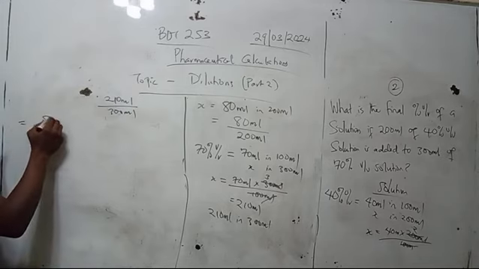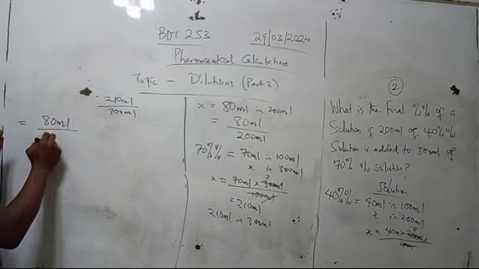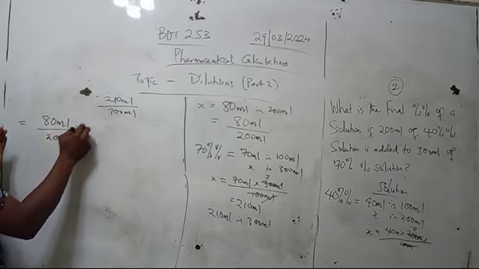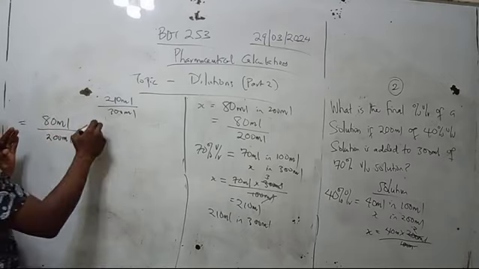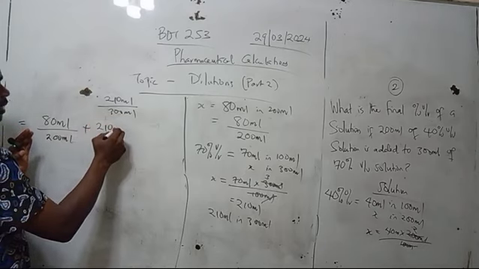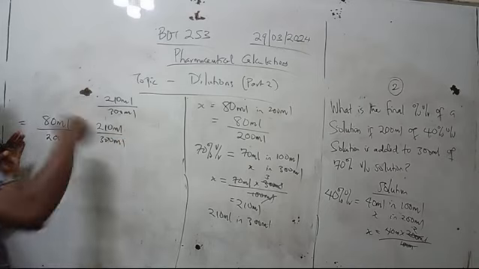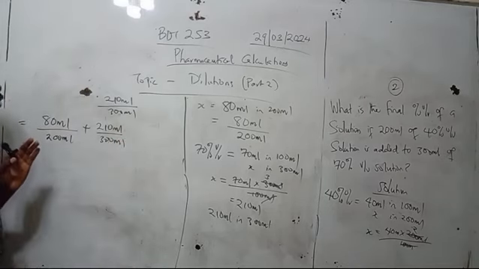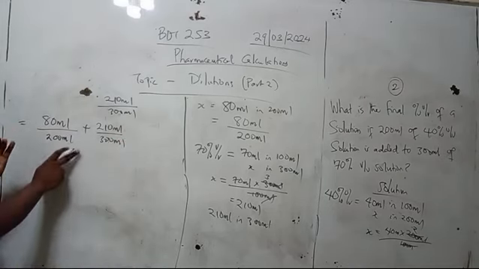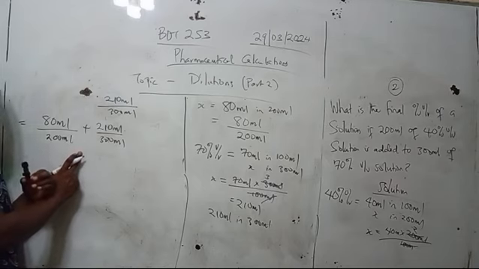So we have 210 plus 80 ml, which is 290 ml, over 200 ml plus 300 ml, which is 500 ml. So the final solution we produce will contain 290 ml of the active ingredient in 500 ml solution. This is the amount concentration.